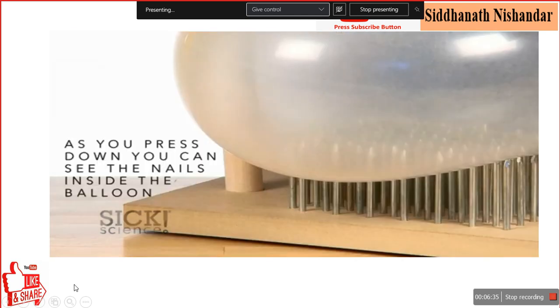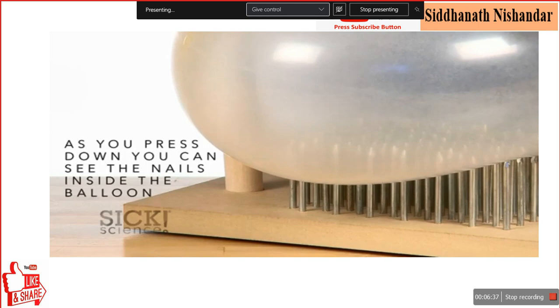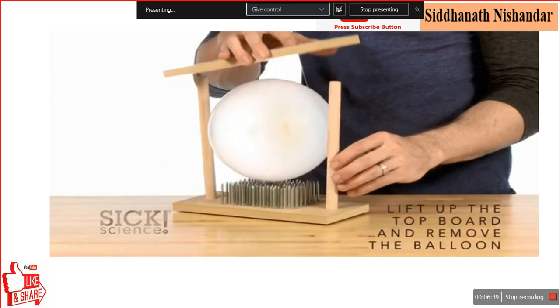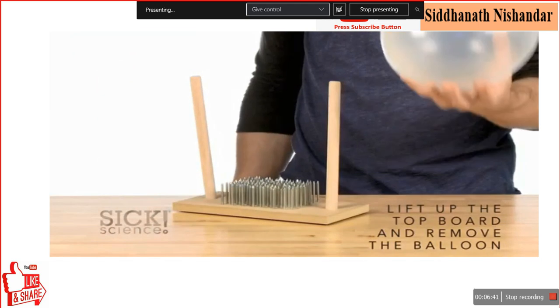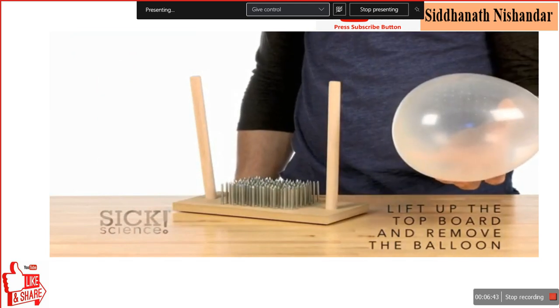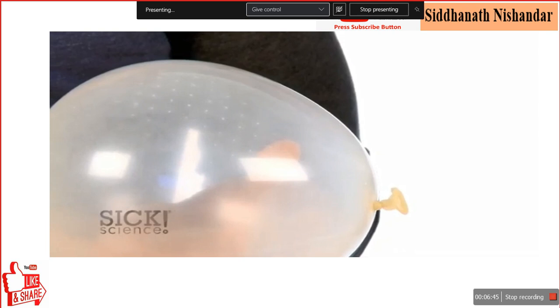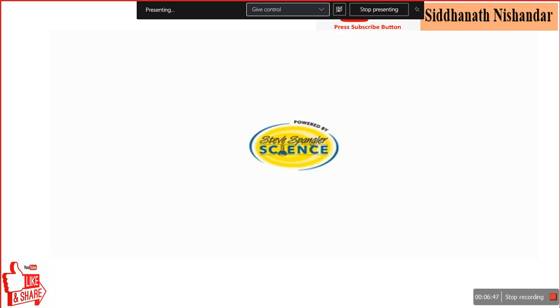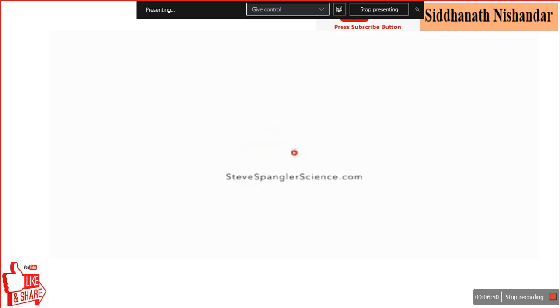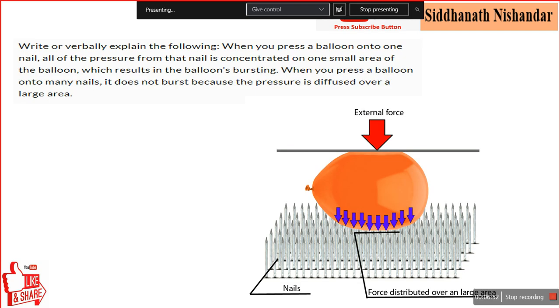See here what happened. Still the balloon is not bursting. When applying force on a number of nails, the balloon doesn't burst, but with a single nail, it easily bursts. Why? Because the force is distributed over a large area.